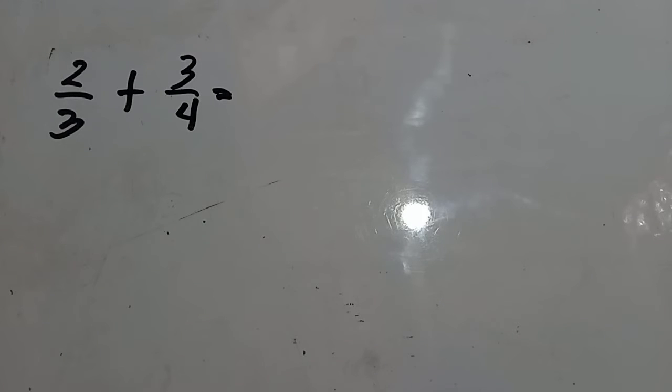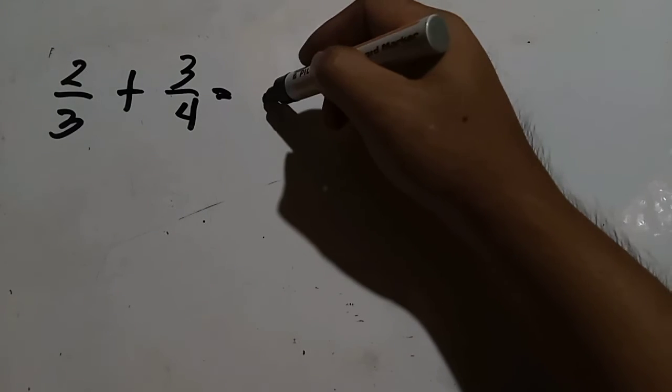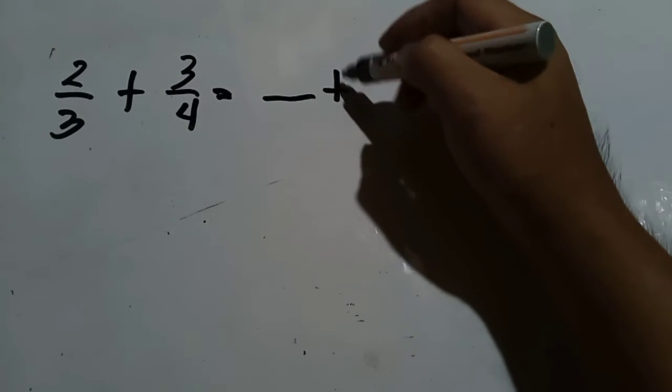Okay, how about this one? 2/3 plus 3/4 equals. What have you observed? Our denominator is not the same. So now, what will we do? Anong ating first rule? We're going to find our LCD. So what do you mean by LCD? Least common denominator. Alright, so now, what is the least common denominator sa 3 and 4?